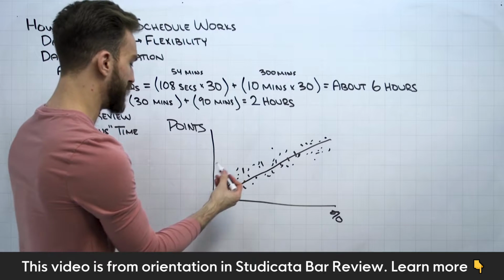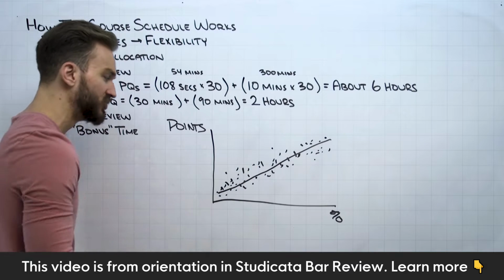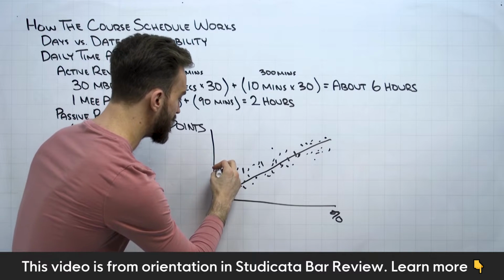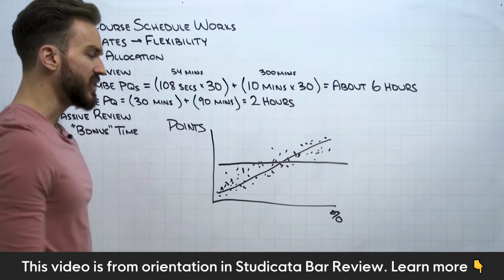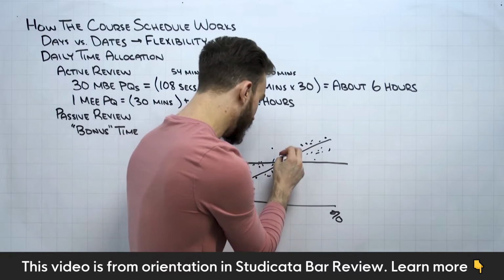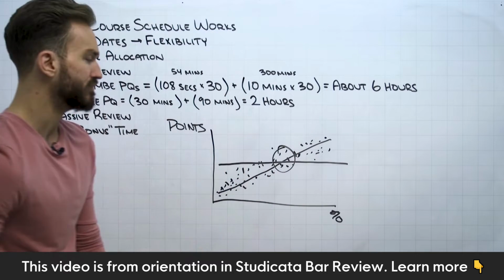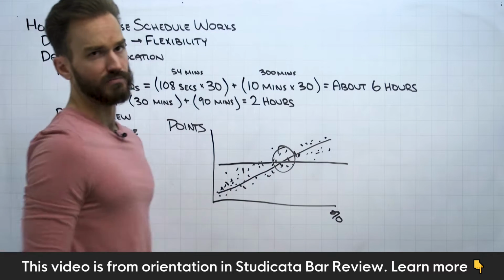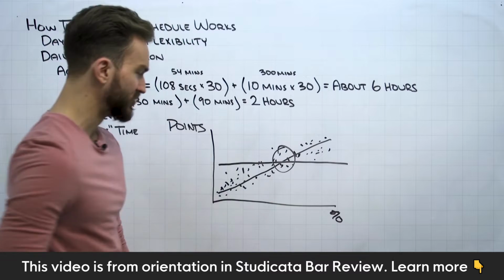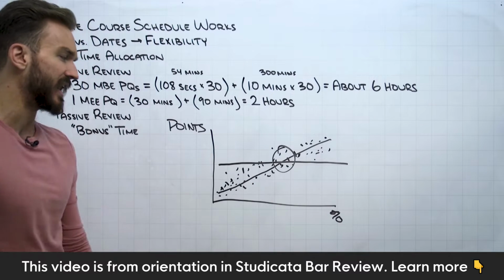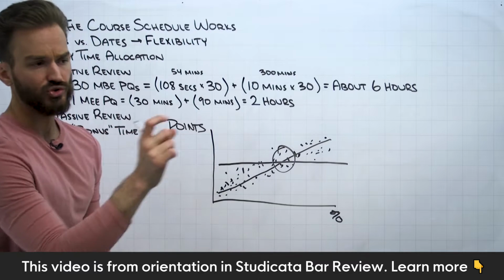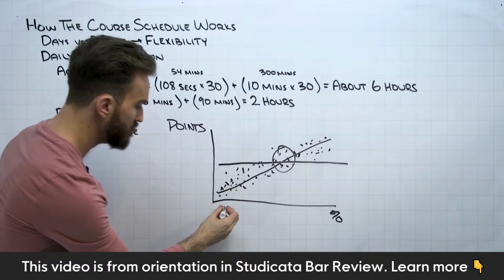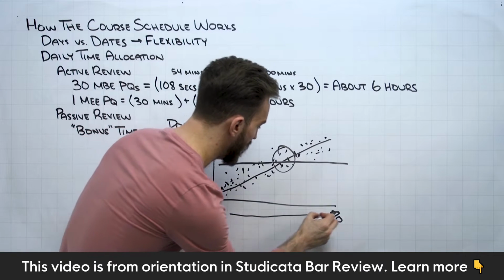Now let's say that the amount of points that you need to pass is right here. What you're going to find is a lot of the students are clumped right above and right below the pass rate. So what we want, obviously at Studicata, is to incentivize or make it as straightforward as possible to move this way up the scale.